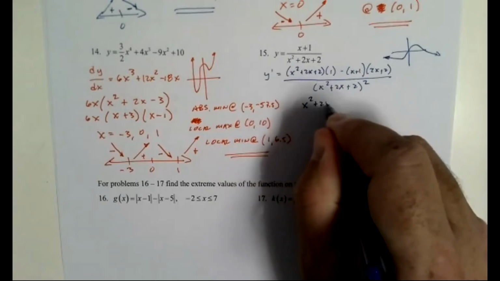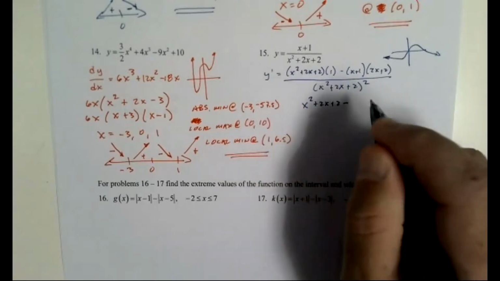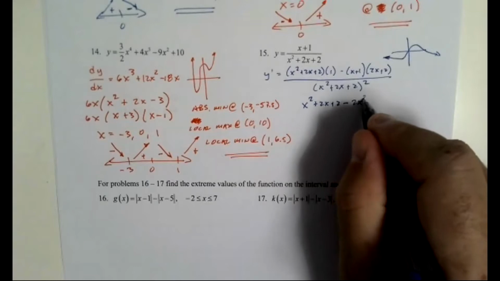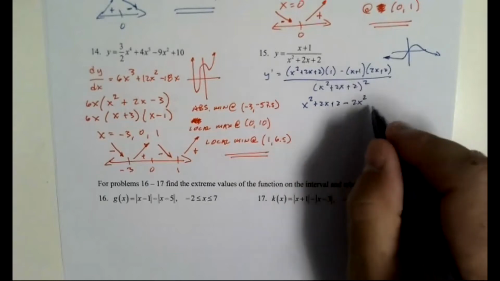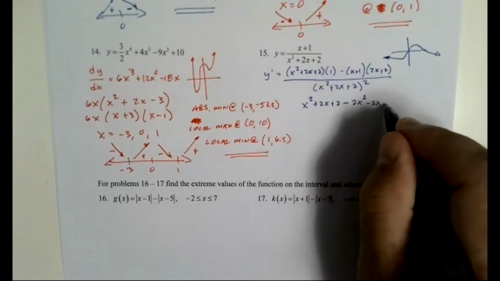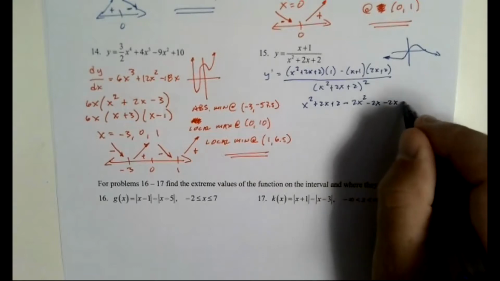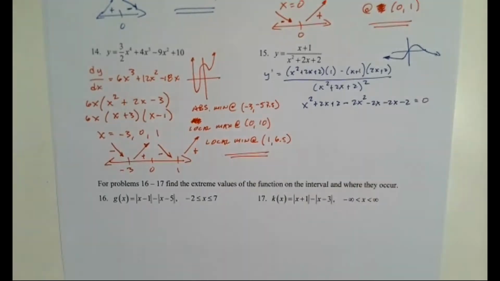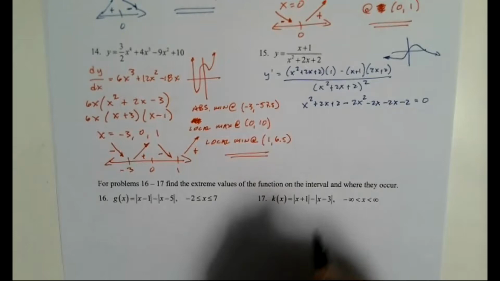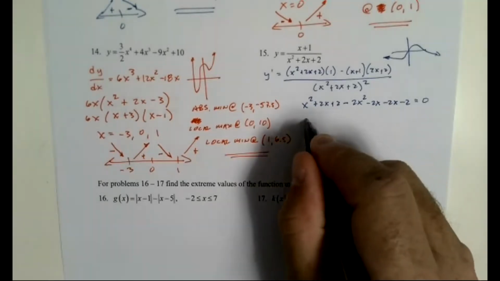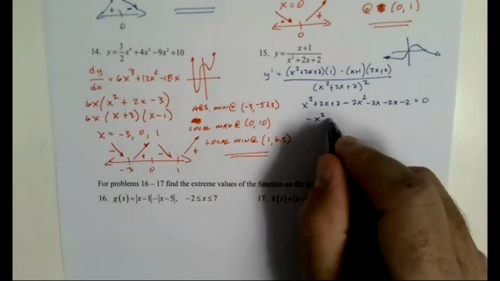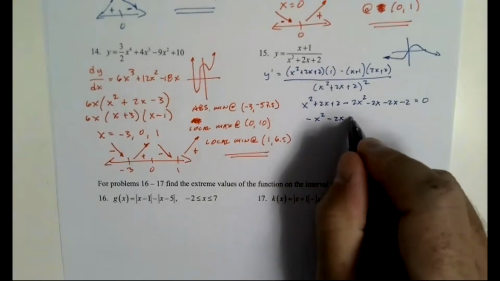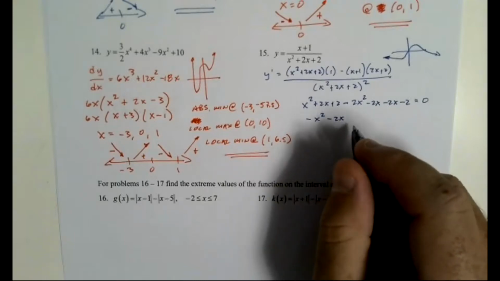X squared plus 2x plus 2 minus 2x squared minus 2x minus 2x minus 2 equals 0. A little combining here, negative x squared minus 2x equals 0, if I'm not mistaken.